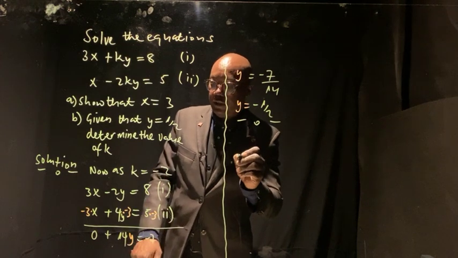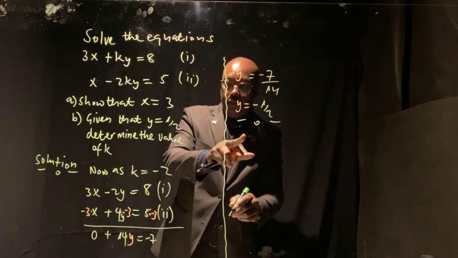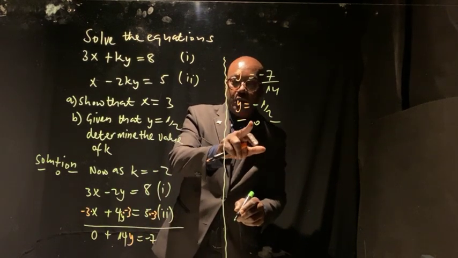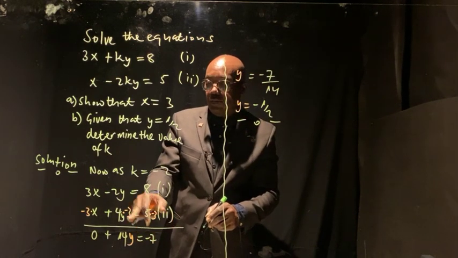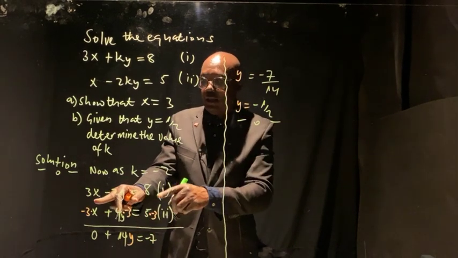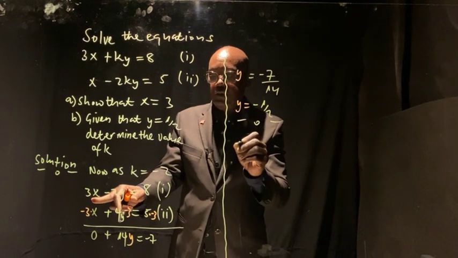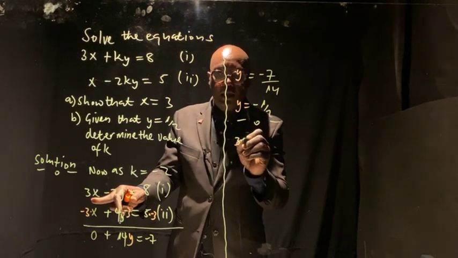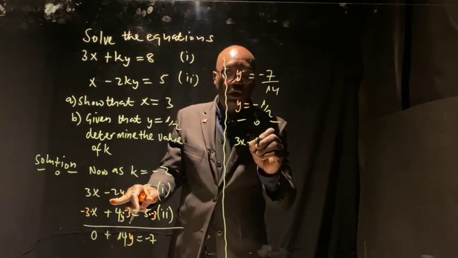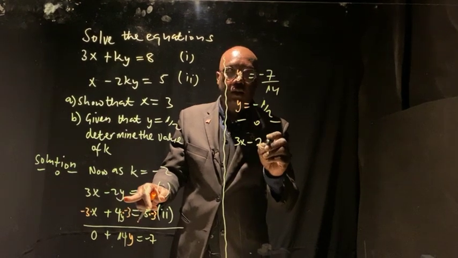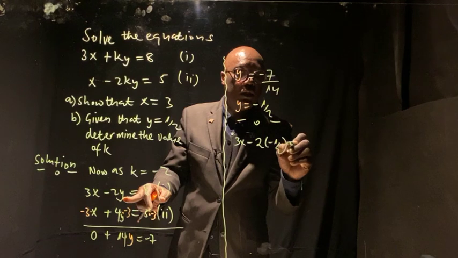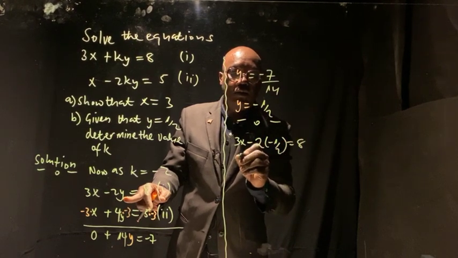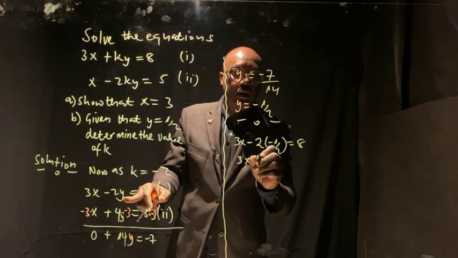Using this equation where y equal to -half, if you are going to put the y inside this equation, let's pick up this equation: 3x minus 2y. y is equal to -half, equal 8. You have 3x plus 1.